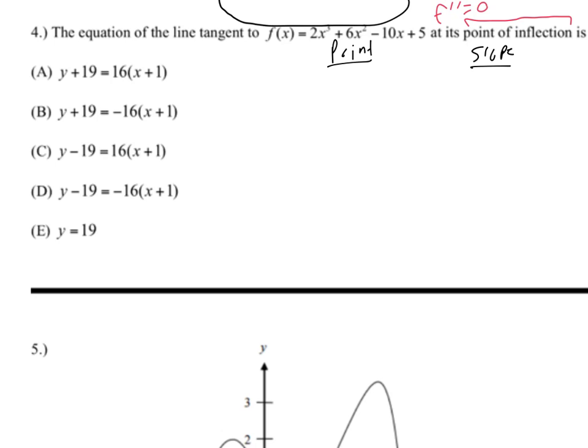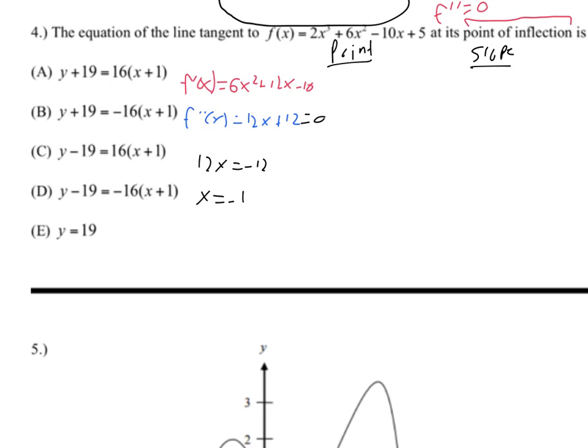So if that's f of x, f prime of x is equal to 6x squared minus 12x minus 10. The second derivative is equal to 12x plus 12. And at the point of inflection, the second derivative is going to be equal to 0. So when does 12x equal negative 12? When x is equal to negative 1.